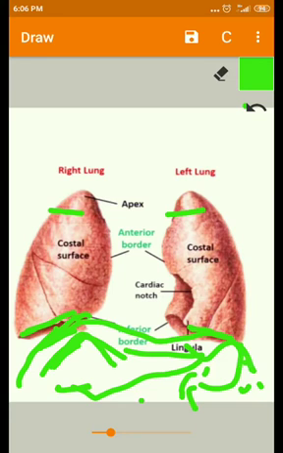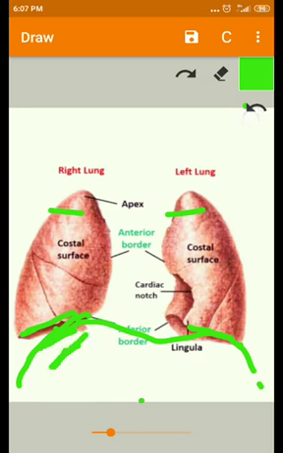So this base rests on the diaphragm, which separates the right lung from the right lobe of the liver, and the left lung from the left lobe of the liver, the fundus of the stomach and the spleen. Okay, this is about the base of the lungs.